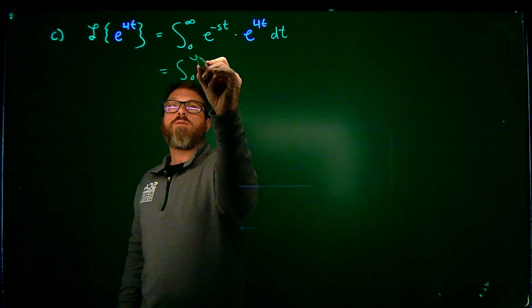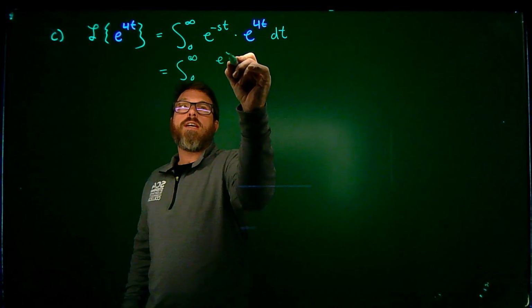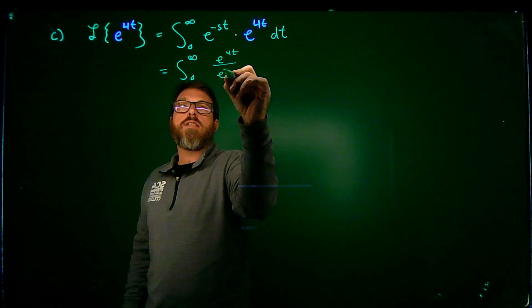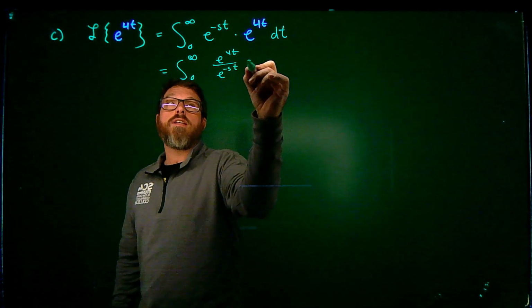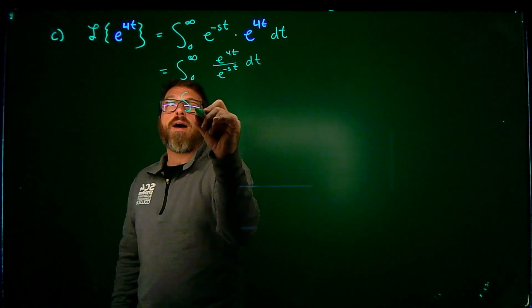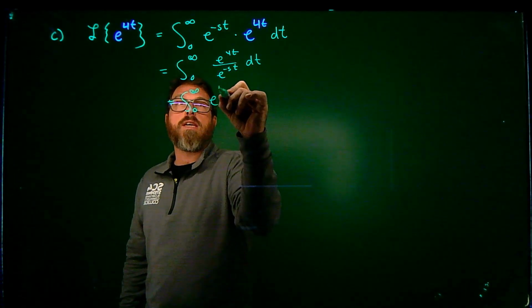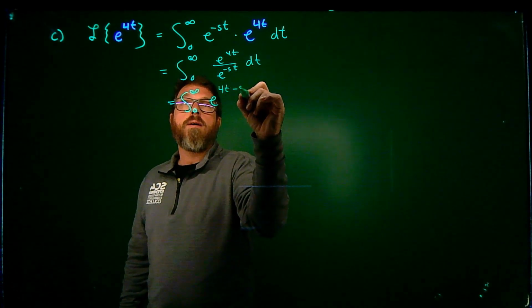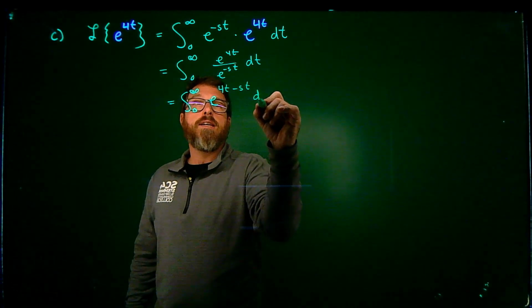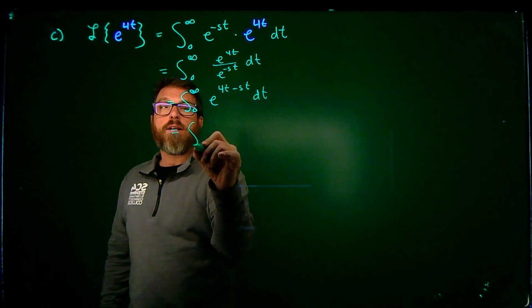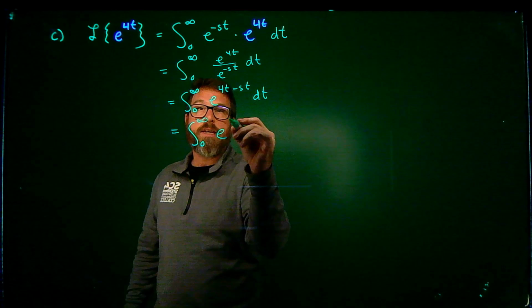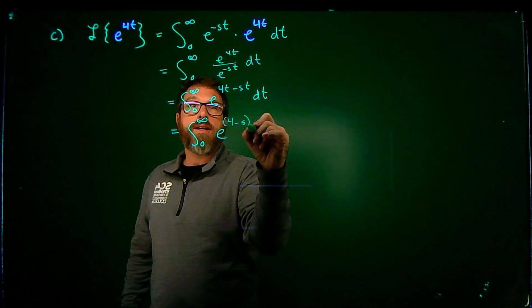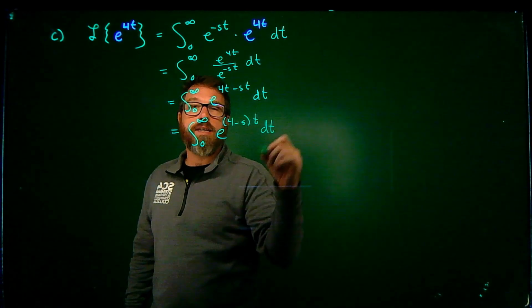This is the integral from 0 to infinity of e to the 4t divided by e to the minus st. So I'm just going to subtract these exponents and combine that base. So this is e to the 4t minus st dt. And pulling out that t, because I really want this to be e to a constant times t, so this is going to be e to the 4 minus s, times t, dt.